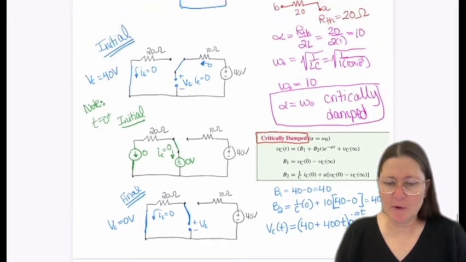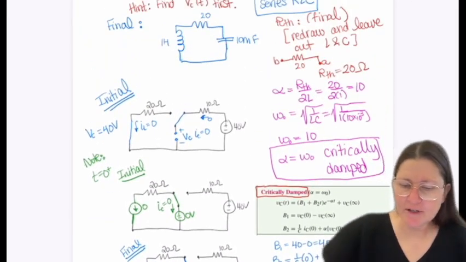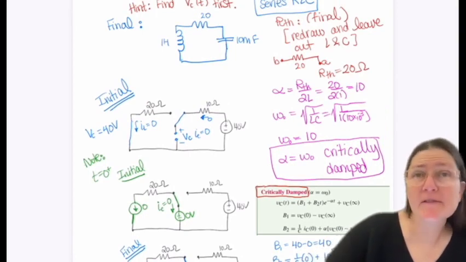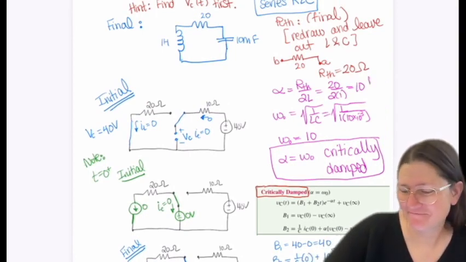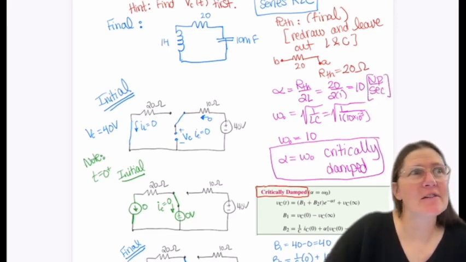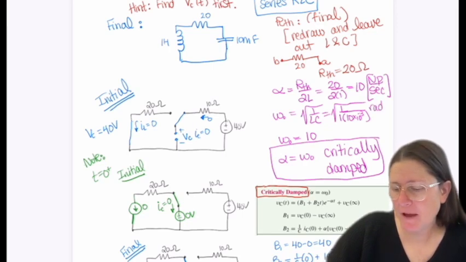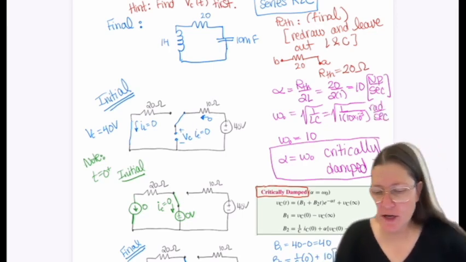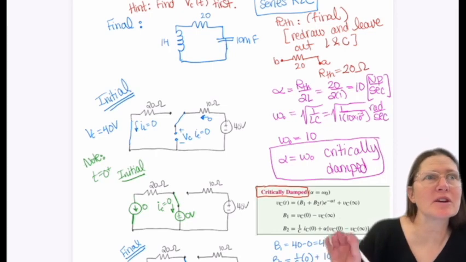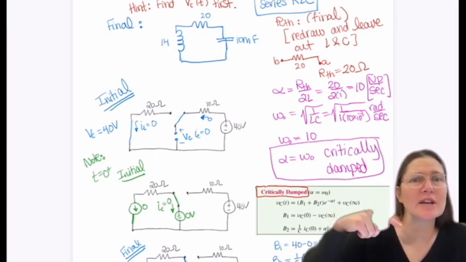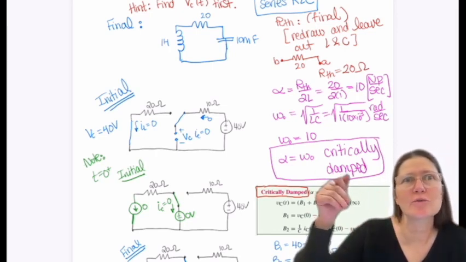Okay, so alpha is in what units? Nepers per second. Correct. Omega naught units? Radians per second. So you use the equations for alpha and omega naught based on if they're in series or parallel. For series, alpha is RTH over 2L.